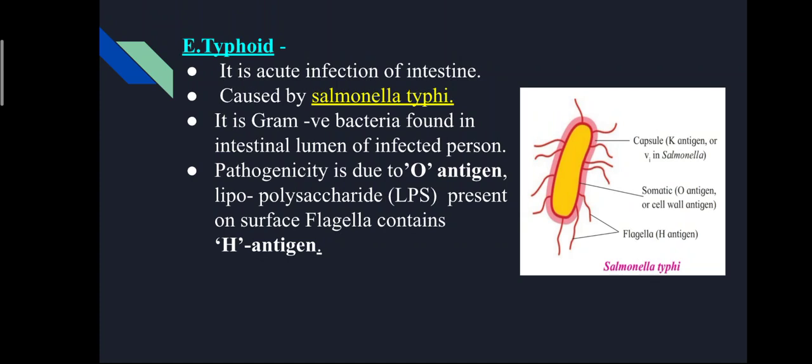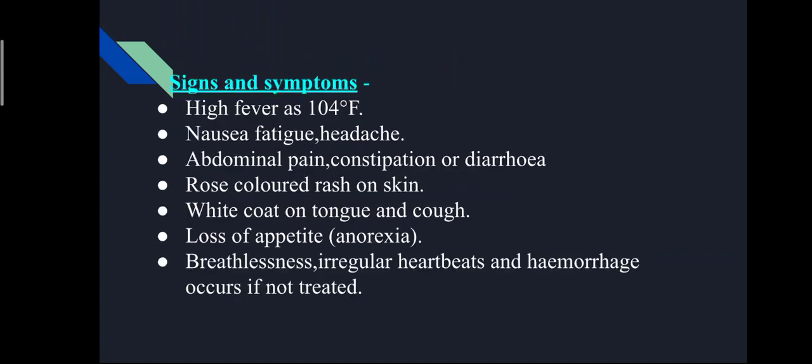It is a lipopolysaccharide, commonly known as LPS, and the flagella contains H antigen. See in the diagram the structure of Salmonella typhi, which has the oval structure, and O antigen and H antigen which are present on the body.